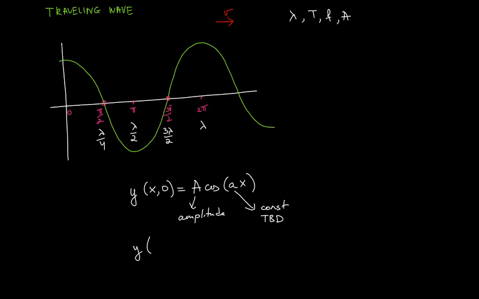So then I would say at time equals 0, when x equals lambda over 4, A cosine of a lambda over 4 should equal 0.